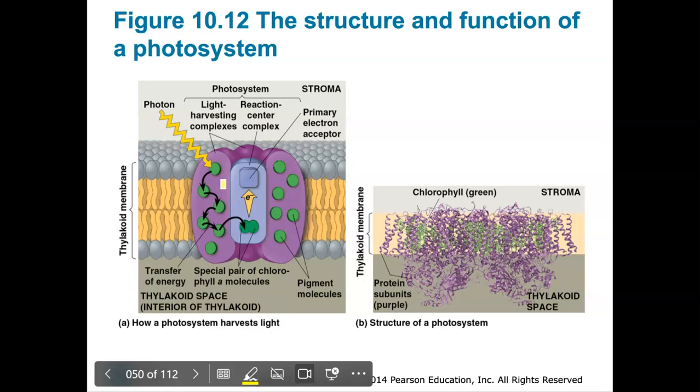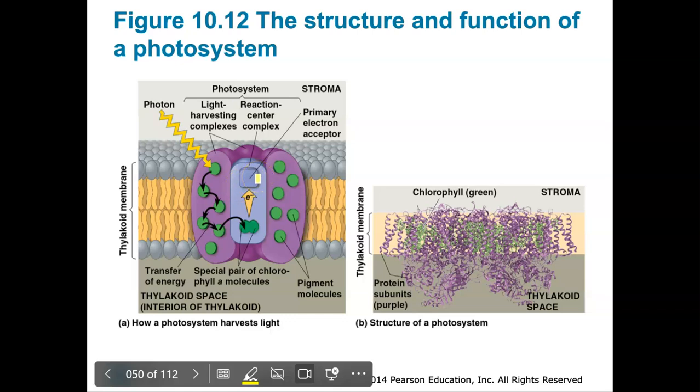And that's going to excite an electron in all of these pigment molecules in this complex, but the electron is finally going to end up being captured by a special pair of chlorophyll A molecules. They're called the reaction center chlorophyll A molecules. Then the electron is going to be next captured by the primary electron acceptor molecule.